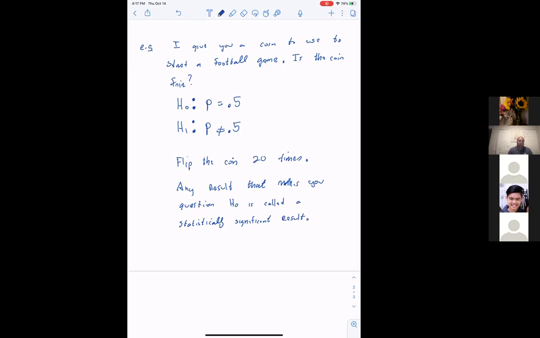Now, how far away from 10-10 do you have to be before you decide that it's statistically significant? We decided 20-0 is statistically significant. What about 15-5? If you got 15 heads, 5 tails, would you question the null hypothesis in that case? Yes, Flower says.